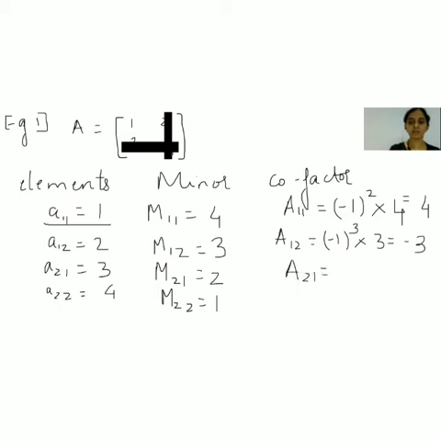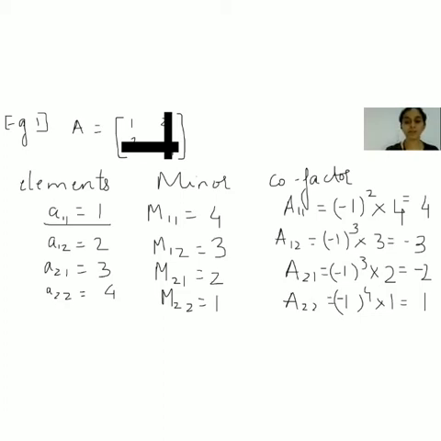A21 is equal to minus 1 raised to 3 multiplied by its minor, that is 2, so minus 2. And A22 is equal to minus 1 raised to 4 multiplied by 1. So answer is 1. We found all the cofactors.